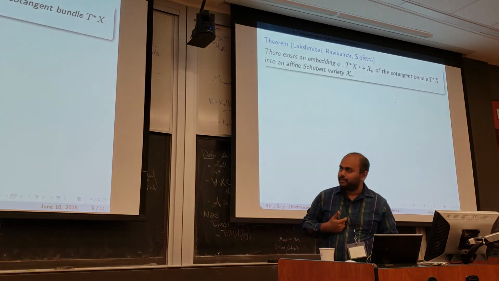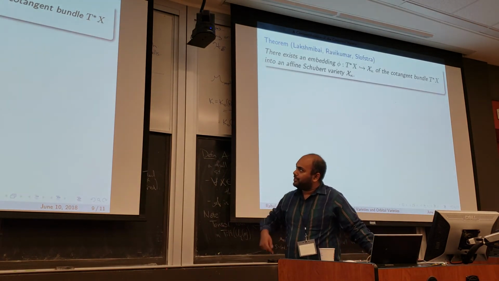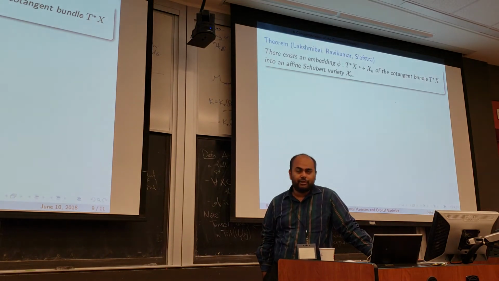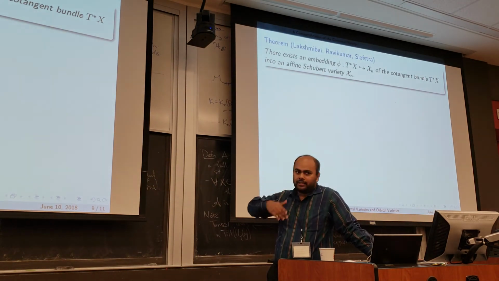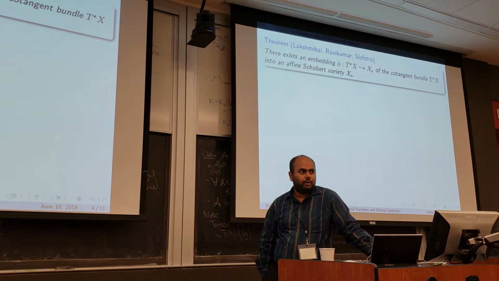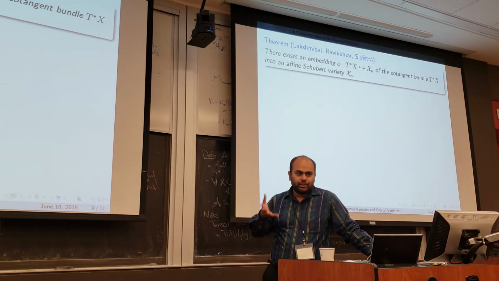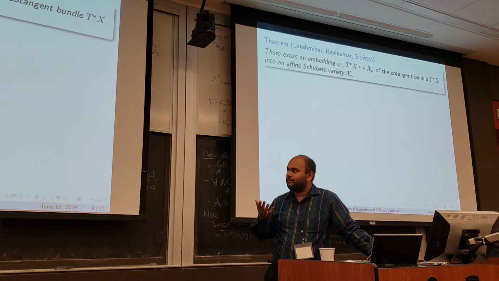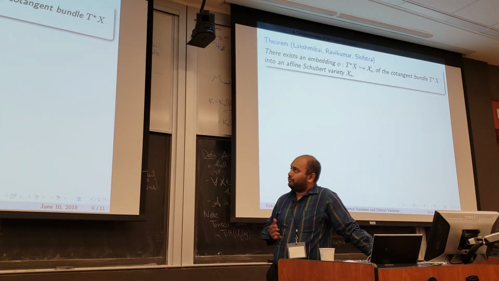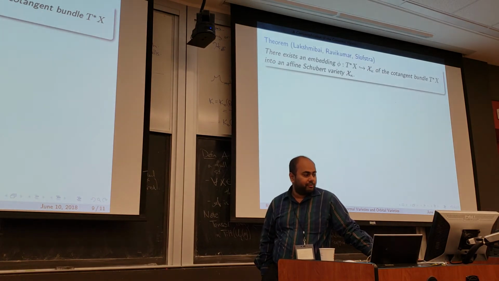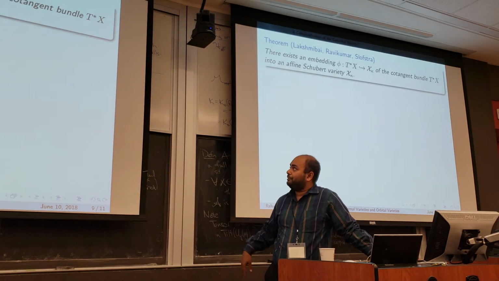So maybe here. Lakshmibai, who's my advisor, and William Slofstra and Ravi Kumar, they started with just Lusztig's compactification of the nilpotent cone, and they said, well, the cotangent bundle resolves certain orbits. Can I compactify this cotangent bundle so it's again a Schubert variety of an affine Schubert variety?